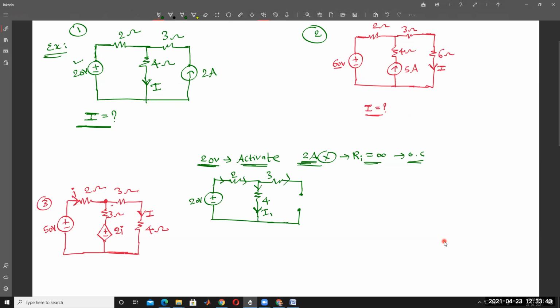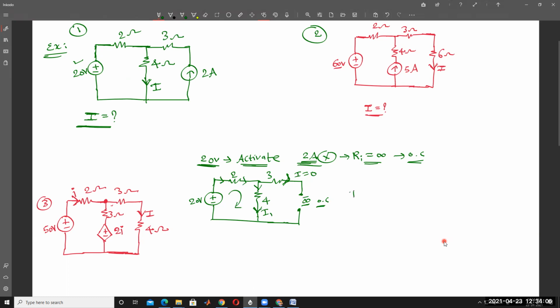What is the current flowing through this branch? 0, because of the open circuit. The current source has infinite internal resistance, so no current flows through this resistor. So the current is only in this direction.